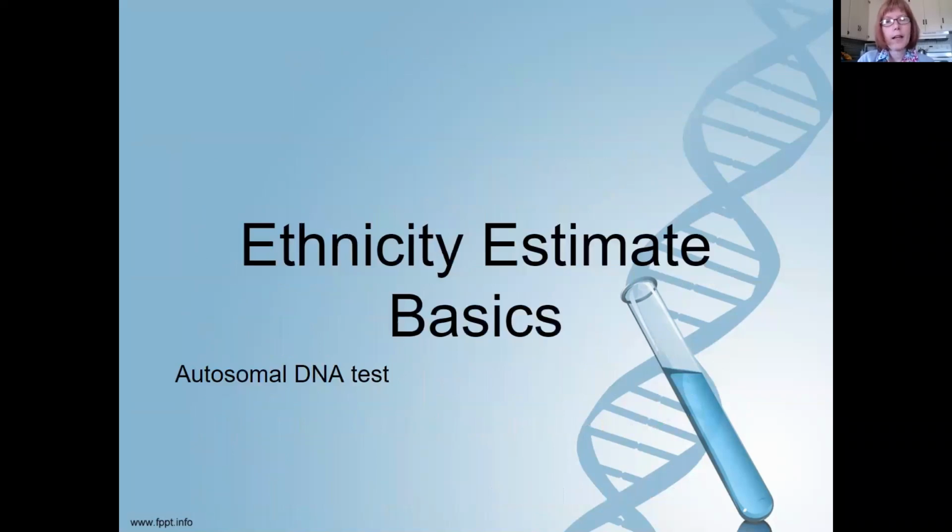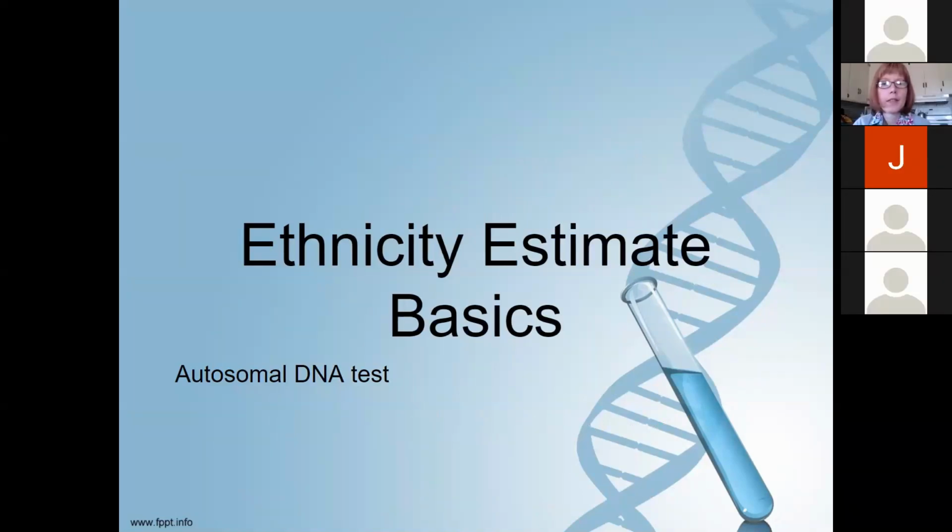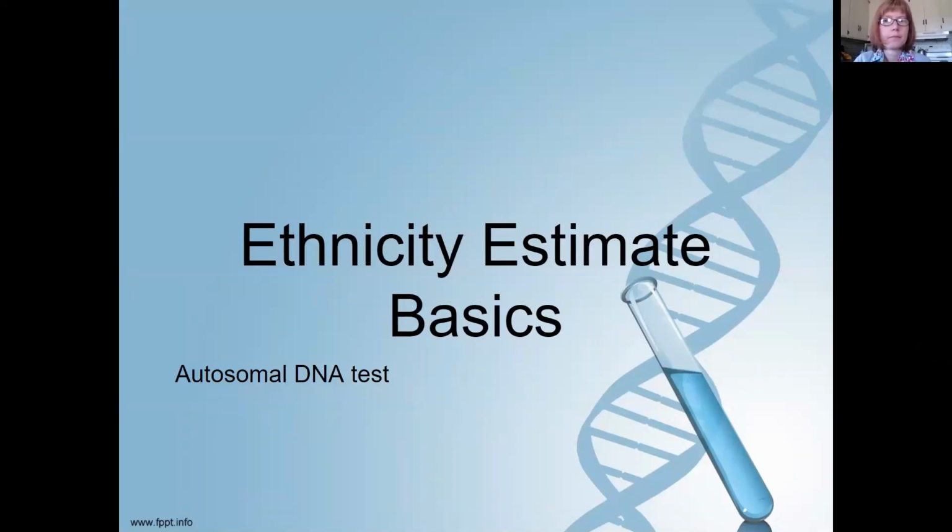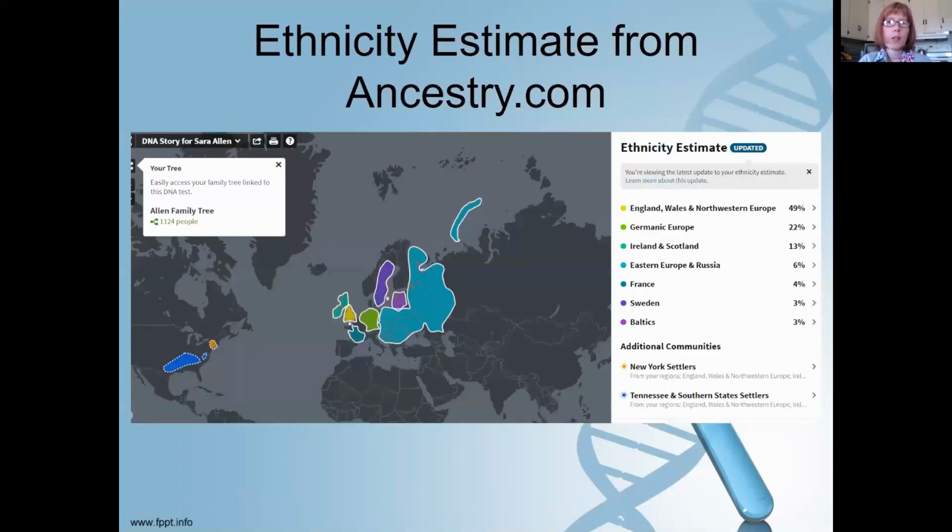So let's talk about what you get when you take the autosomal test and you get an ethnicity estimate. The ethnicity estimate is going to look a little different depending on what company you test with.